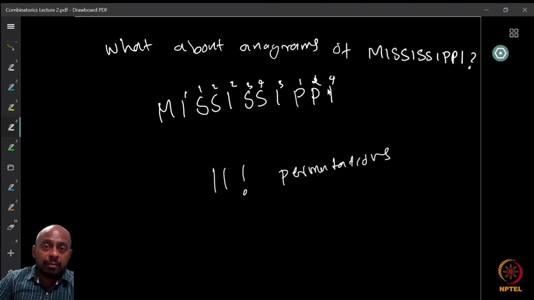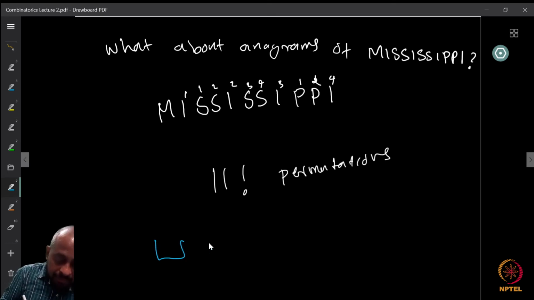Now if I switch the positions of 2 of the I's, it does not make any difference to the word. In fact, if I switch the positions of any of these I's between themselves, it doesn't matter. If I permute all the I's within their positions, each of them has a fixed position in the word that we created.